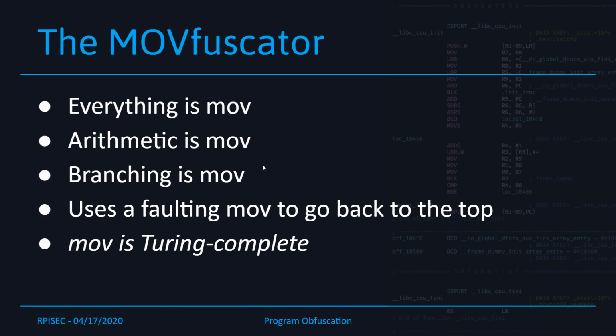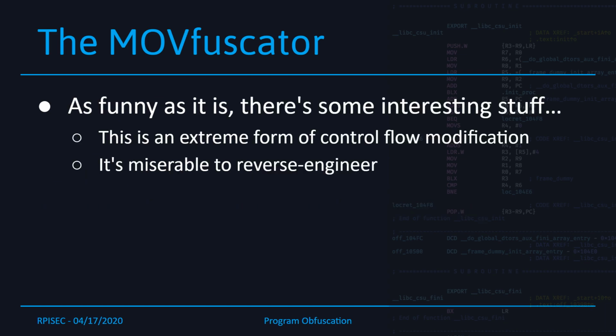So everything is move. Arithmetic is move, branching is move. It uses a faulting move to go back to the top. It's completely Turing complete. Now, this might seem like a stupid joke, but one, it's not a joke. It's great, and two, it's really just an extreme form of obfuscation. It absolutely demolishes the runtime performance of your program because, as you can imagine, making everything move is quite difficult.